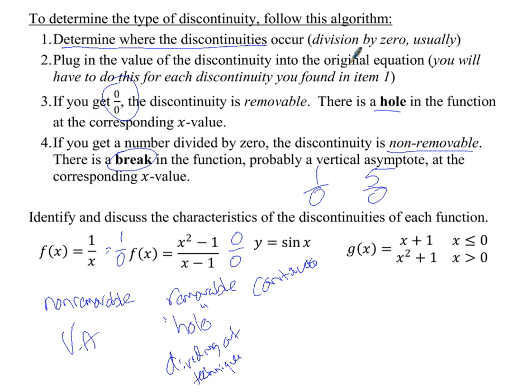Okay, last one. G of x equals, looks like we have a piecewise function here. Sometimes we have a squiggly bracket like that. Sometimes we don't. It doesn't matter. We have a piecewise defined function here. What should we do? Okay, so where would the discontinuities occur?